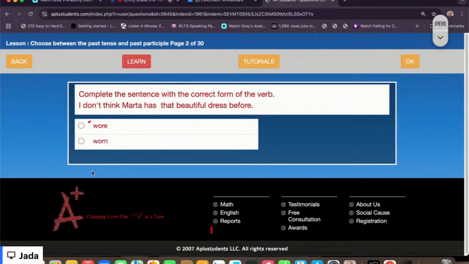So we have: Martha has worn that beautiful dress before.